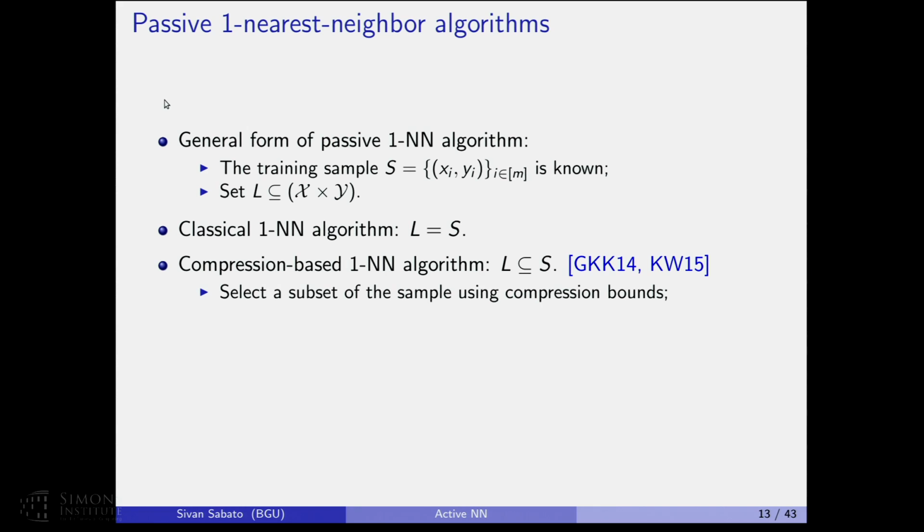The advantages of this algorithm: first of all, by taking a subset, we could just be able to compress our data set. We don't have to save the whole data set in our model. That's, of course, useful computationally. Also, this is a way to regularize our choice of data set.